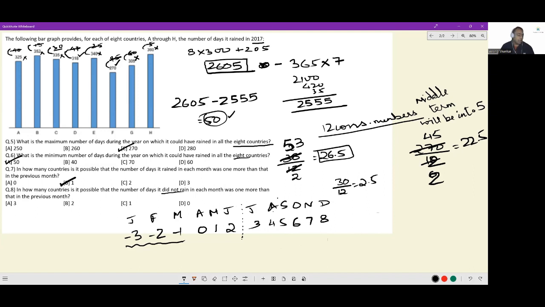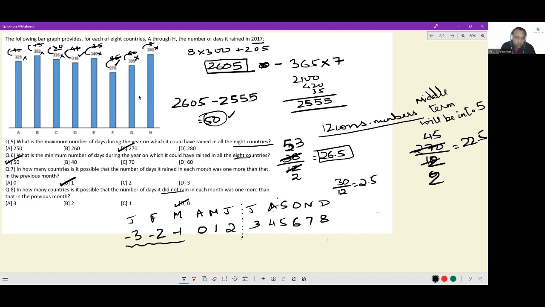You cannot have -3 days in January, where it did not rain. And therefore, the answer to question number 8 is option D, 0. You cannot possibly have any country in which it did not rain one more day than the previous month for all 12 months. And that is the entirety of the set.